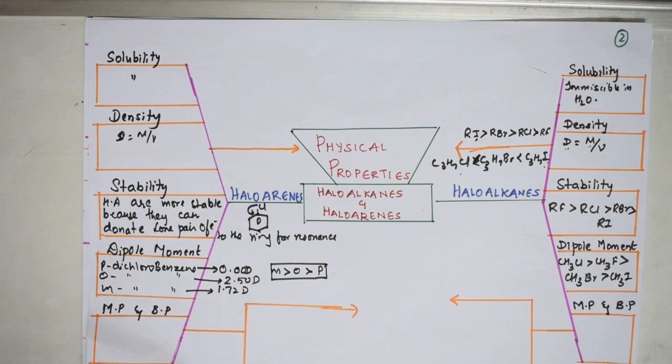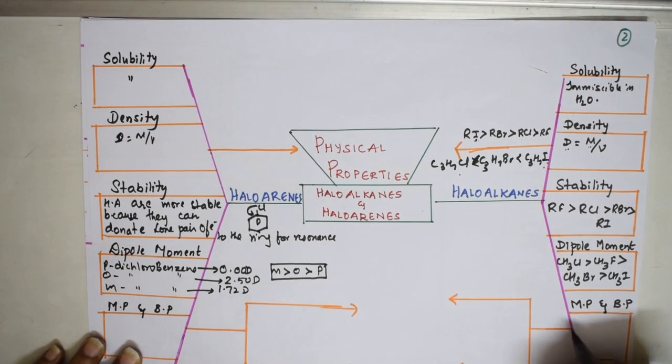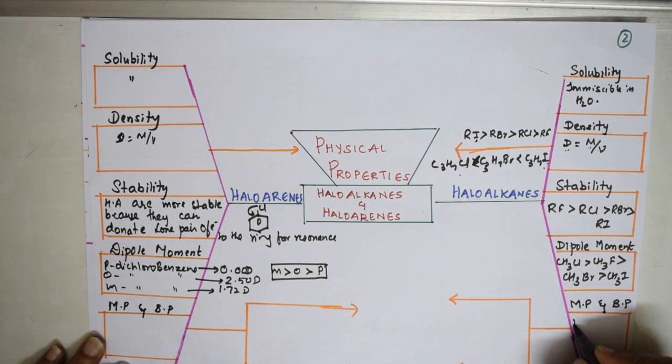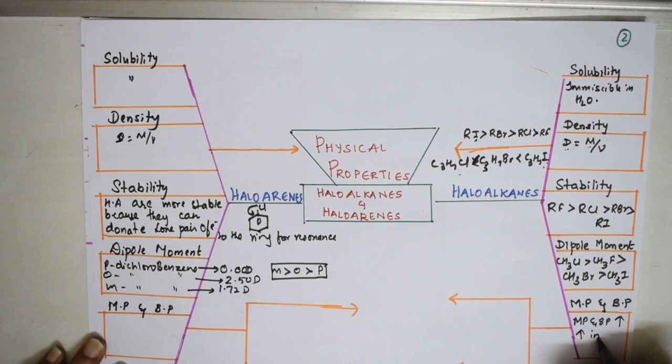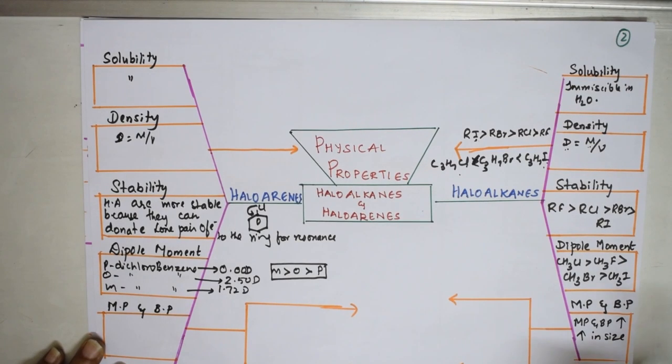Done. So when it comes to melting and boiling point, let's see. You need to remember one important concept: melting and boiling point increase with increase in size. Why are they increasing?